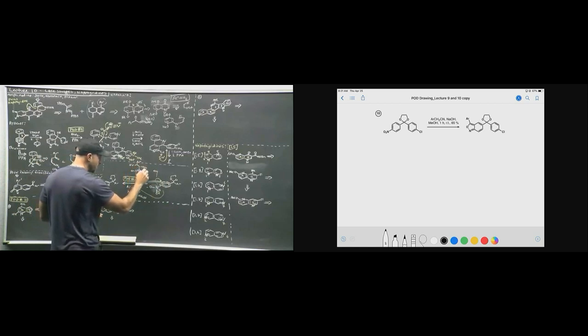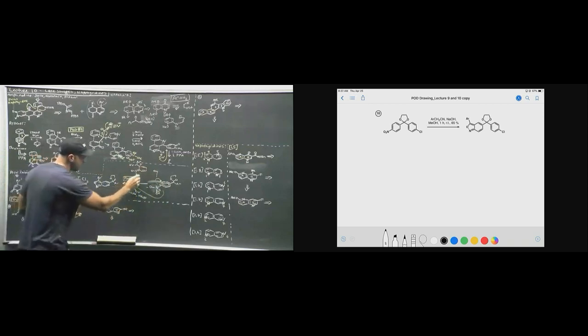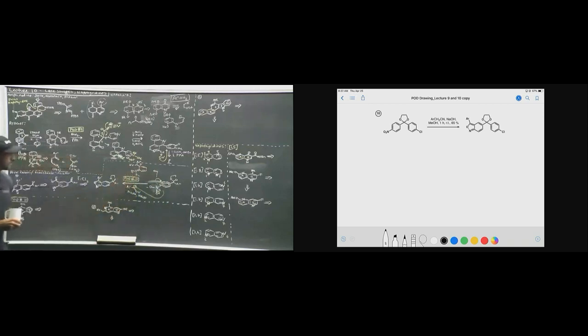And now, what do you want me to do? Does one of the oxygens condense onto the nitrile? What do you mean by condense? You want it to add into the CN bond? Yeah. Possibly.